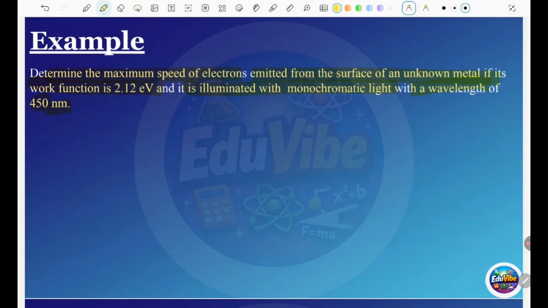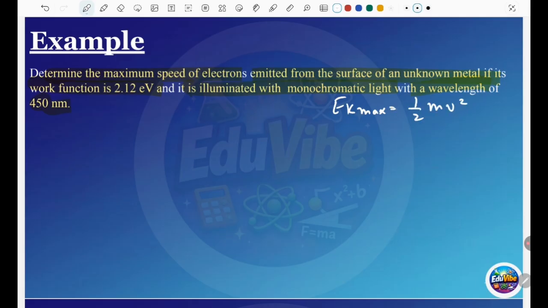Now you are given the wavelength, and you have to find the speed. From where do you get the speed? You get the speed from the kinetic energy. We have half mv square.